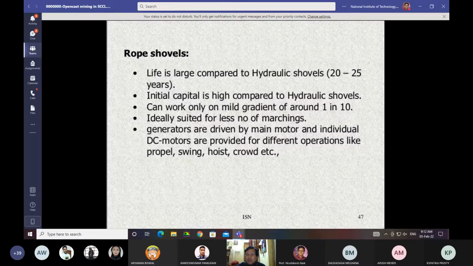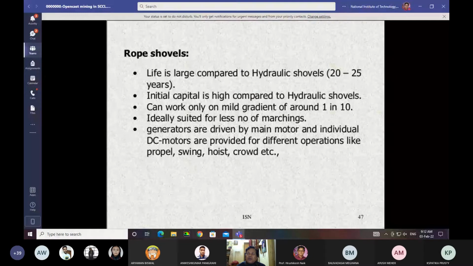Your answer is here in this slide. The diesel shovels are very less costly compared to the electrically driven shovels. So if you are going to purchase an electrically driven shovel, then there should be sufficient mineral deposit and the life of the mine should be long. Then only you can go for electrically operated rope shovels.